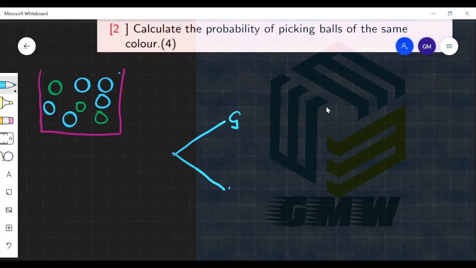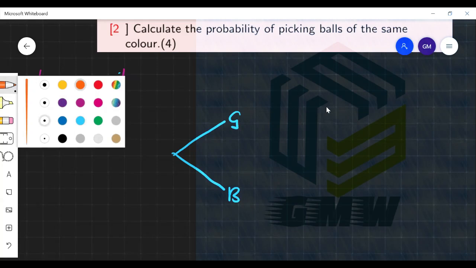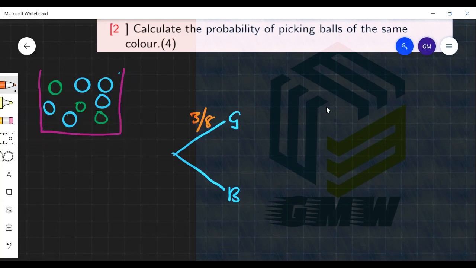One for green and one for blue. Agreed? Yes. What is the probability of picking green? 3 over 8. What is the probability of picking blue? 5 over 8.